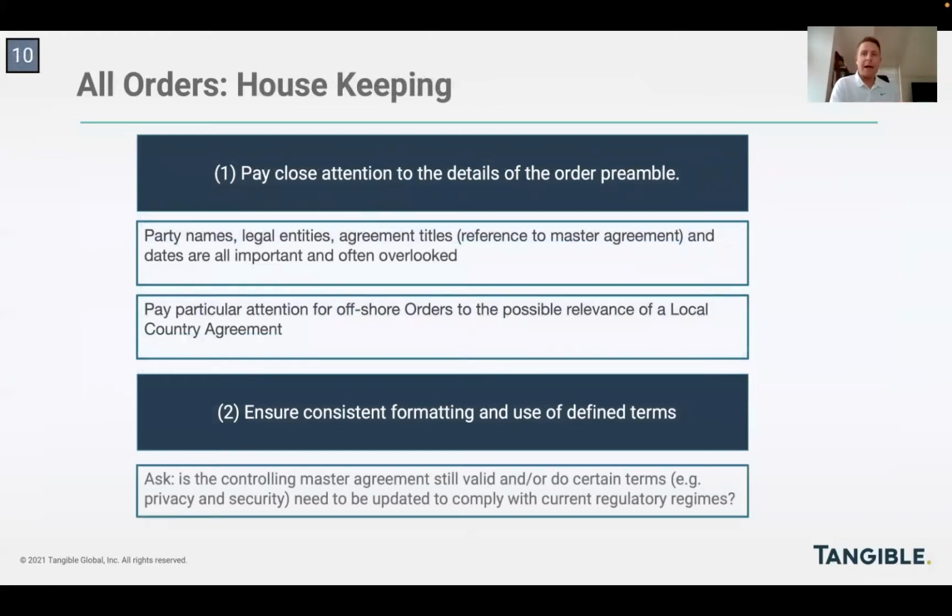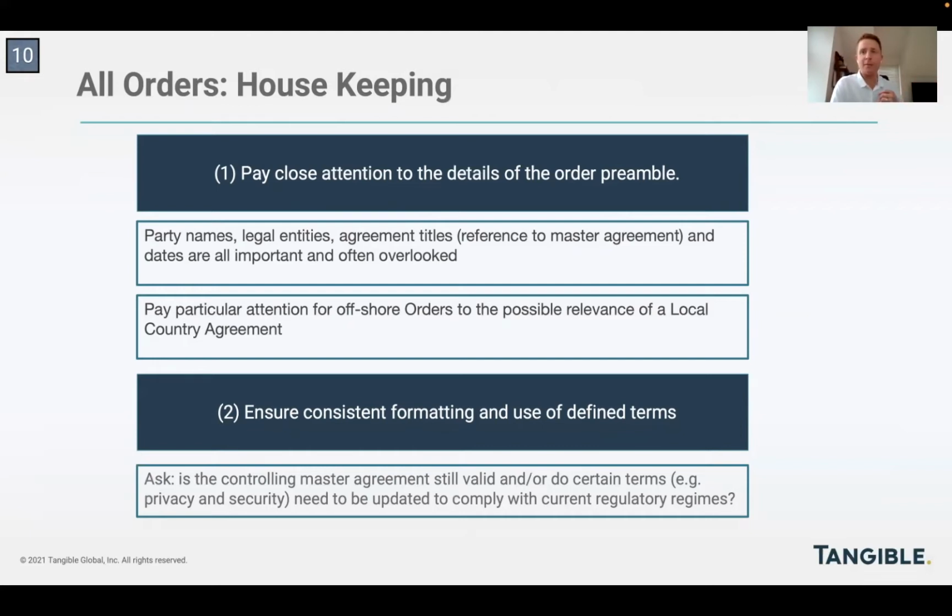So moving on to the actual text of an order form, you might recall this section from our previous CLE on master professional services agreements, and the points are very similar here. The first place to start your review as a lawyer or a legal service professional is in that preamble.